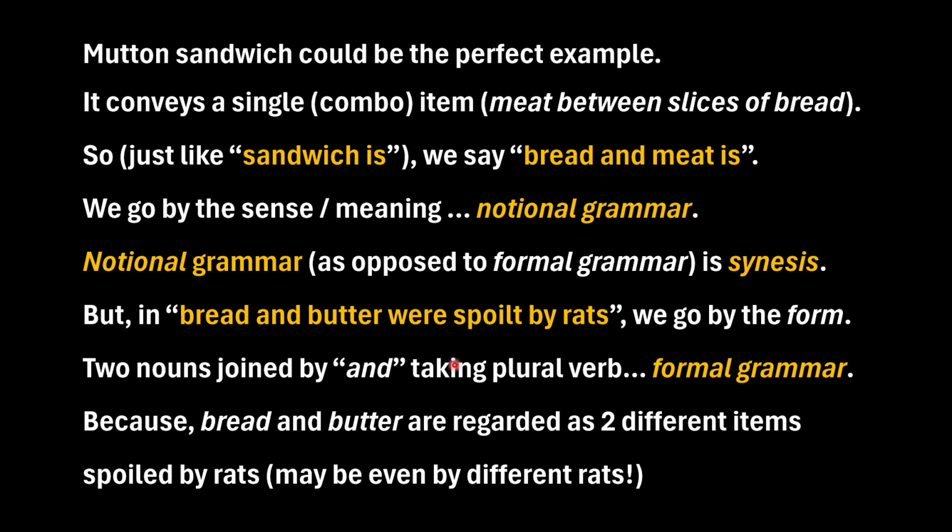So we are taking them as two different items. And that is formal grammar: two nouns joined by "and" taking a plural verb. Because bread and butter are regarded as two different items, spoiled by rats, maybe by different rats, maybe they were kept in different places, maybe they were spoiled on different days. On Monday the bread was spoiled by a rat and the butter was spoiled on Tuesday.